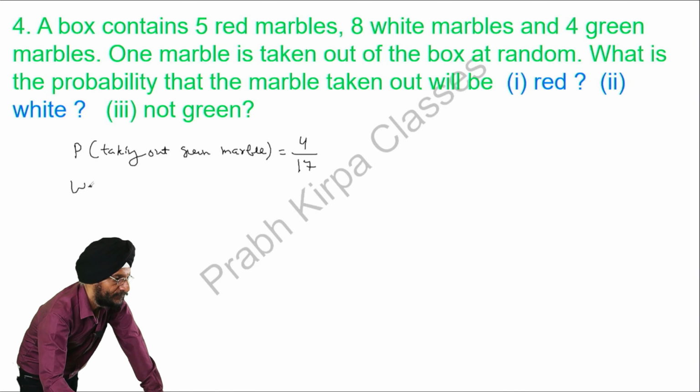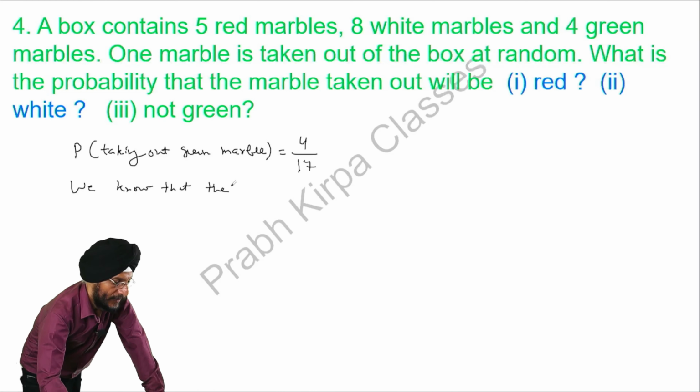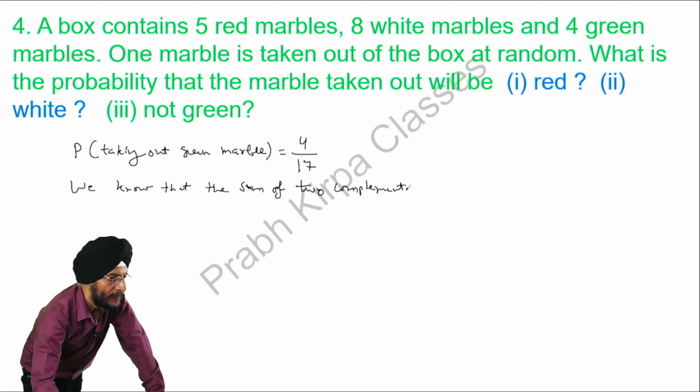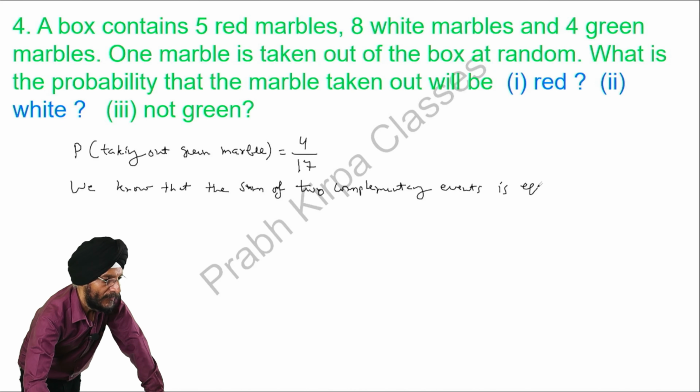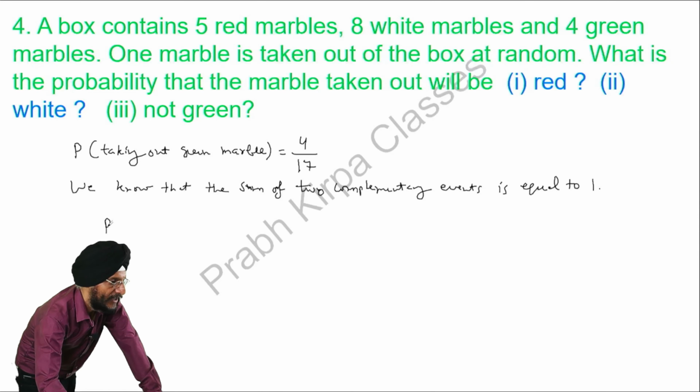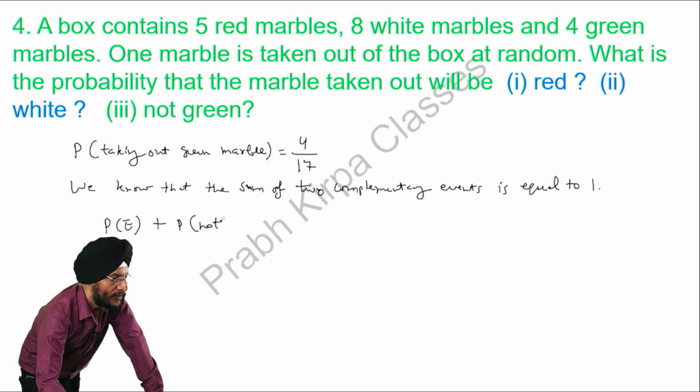We know that the sum of two complementary events is equal to 1. In other words, we can say that probability of occurrence of the event and the probability of not occurrence of the event is equal to 1.